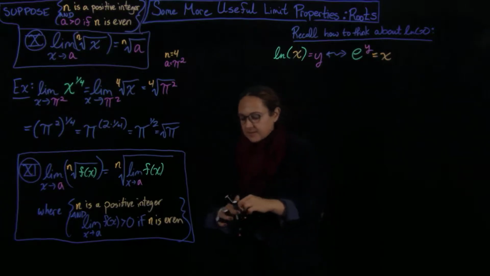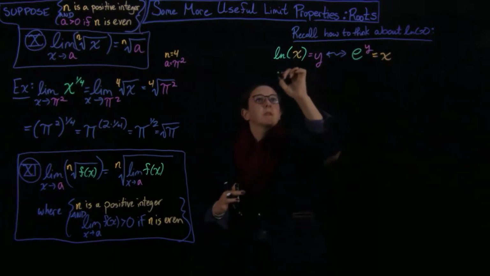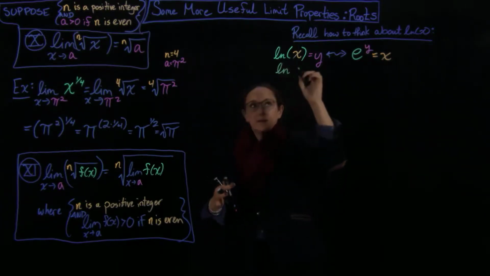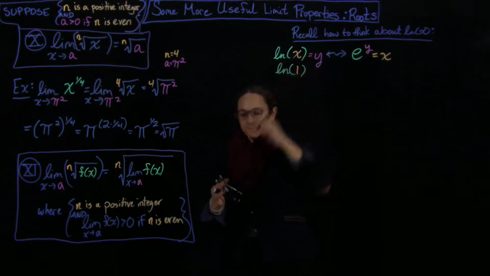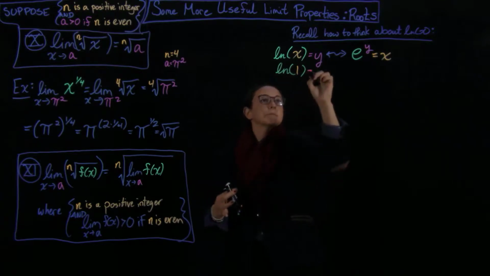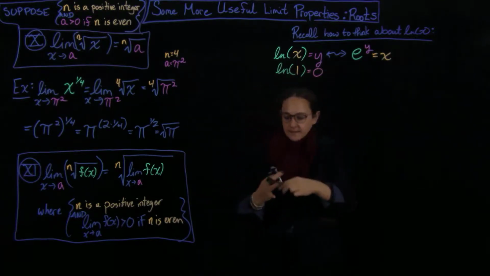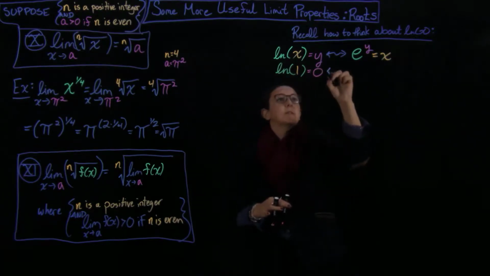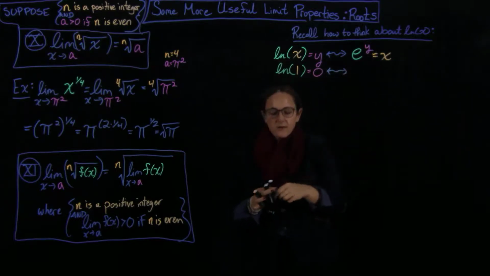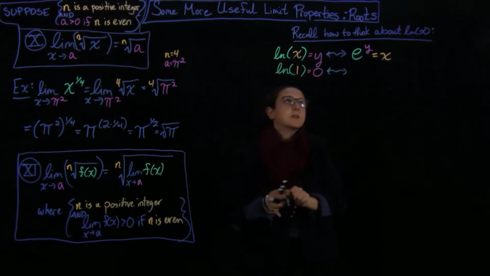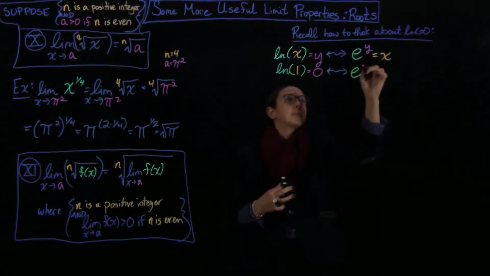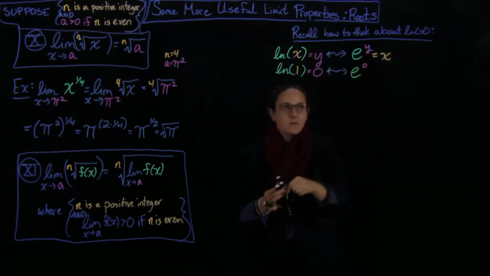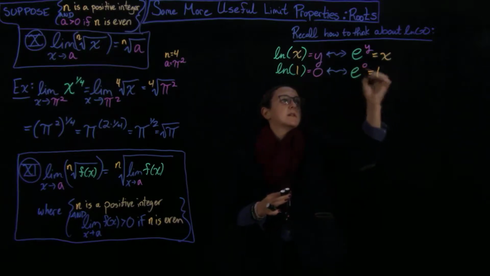So that tells me, for example, when I say that the natural log of 1 equals 0, this corresponds to the statement, which is one that we understand a lot better. If we were trying to figure this out, we could use the fact that e to the 0 equals 1, because anything to the 0 equals 1.